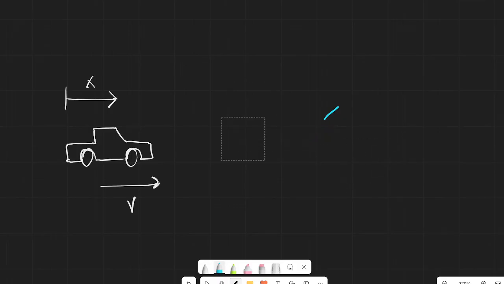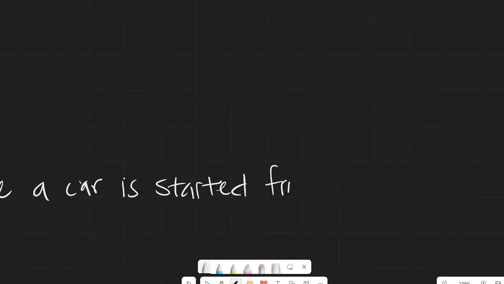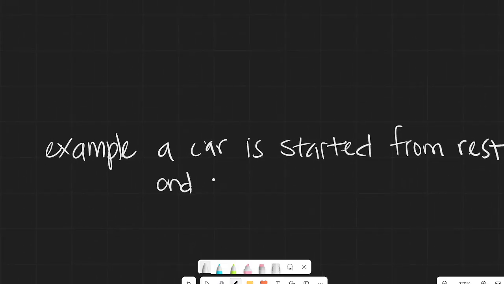We're going to do a small problem that's pretty fundamental, and I think that it'll kind of solidify the concept a little bit. We'll say that a car is started from rest, and we're going to say that it accelerates uniformly.